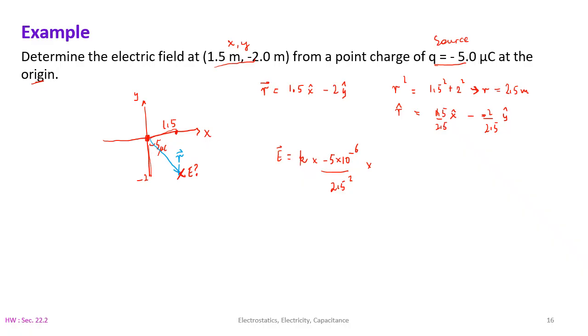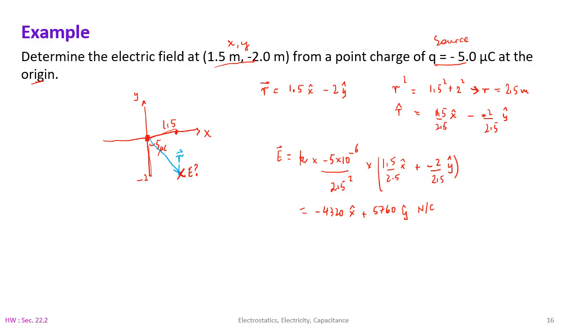So this will be times 1.5 on 2.5 for the x component, and it'll be -2 over 2.5 for the y. So that means that our electric field is going to be -4,320 in the x direction and plus 5,760 in the y direction, newtons per coulomb.